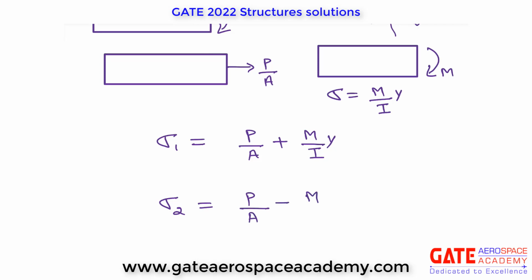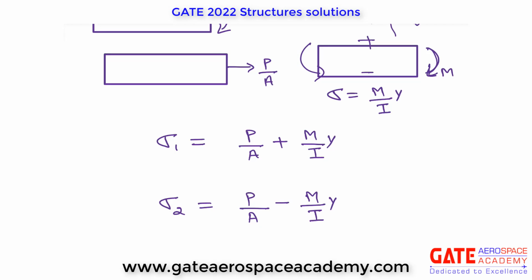minus M by I into Y. Why minus? Because on the top fiber it will create tensile stress, on the bottom fiber it will create compressive stress, right? This kind of moment: upper fiber will be in tension and bottom fiber will be in compression.